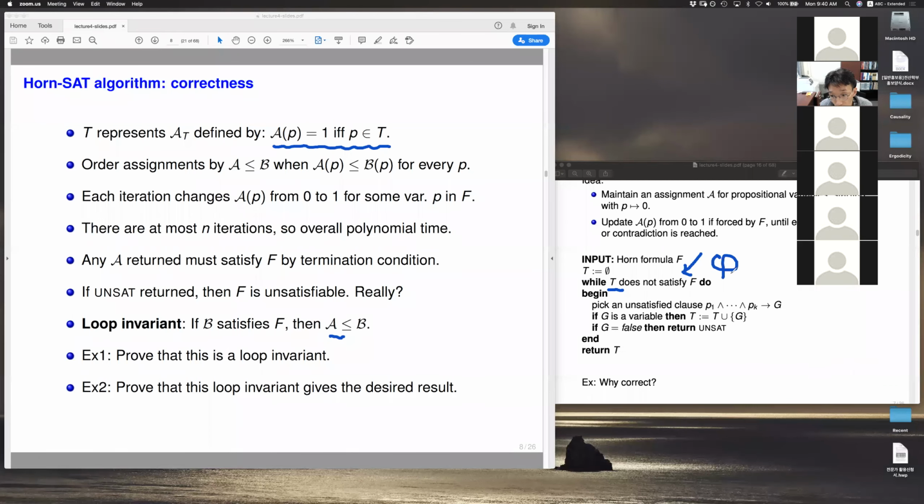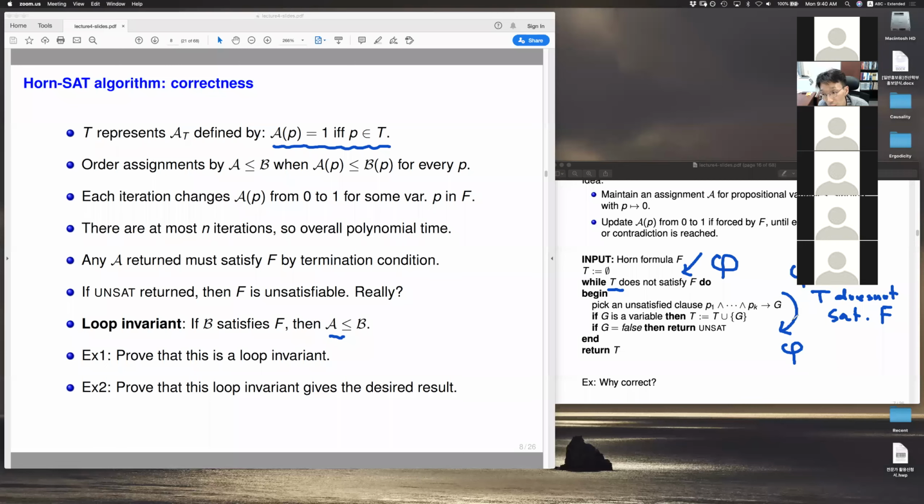And another thing the loop invariant has to satisfy: if the loop invariant phi is true, and the loop condition holds, T in this case does not satisfy F, then we consider the execution of the loop body. So T will change, and something that appears in phi may change as well. But after the execution of the body, phi will remain true.